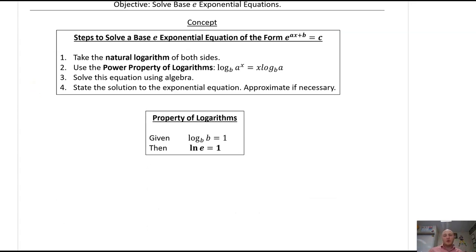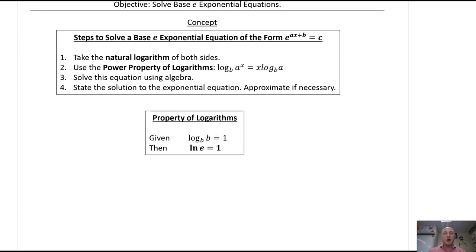So how are we going to solve base e exponential equations? Our first step, well, before even step 1, is to isolate an exponential base. I need to have an exponential base by itself, and then I can utilize the natural logarithm of each side. We're specifically utilizing the natural logarithm because we're using base e exponential equations today.